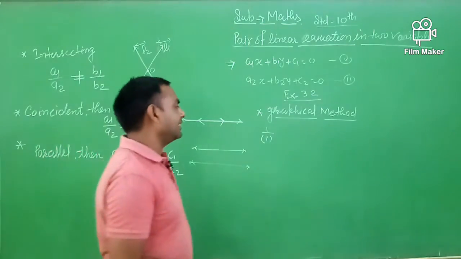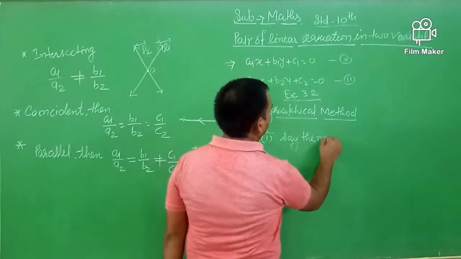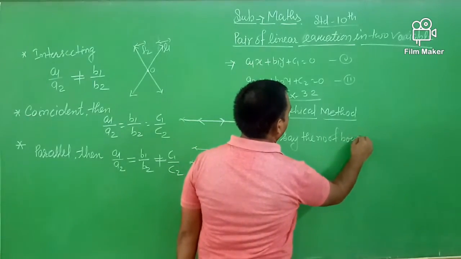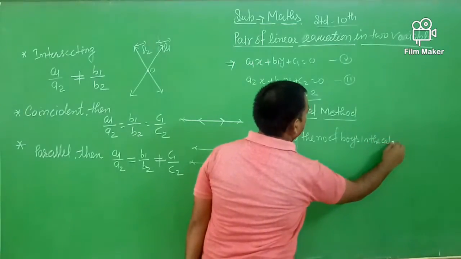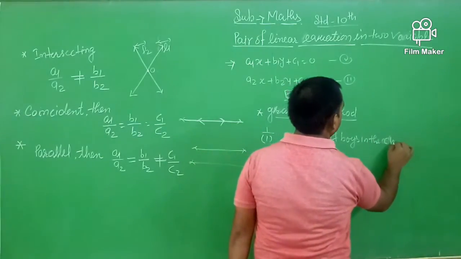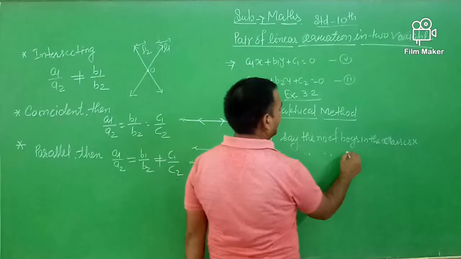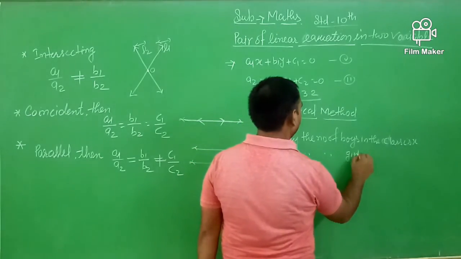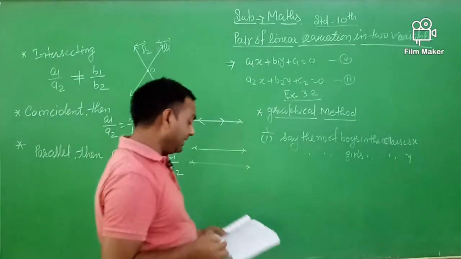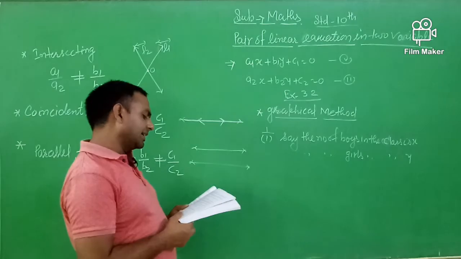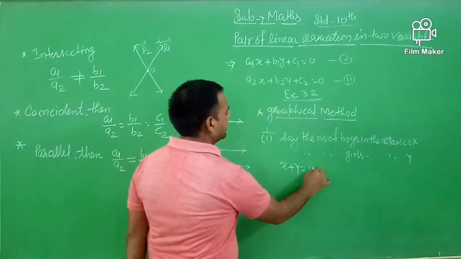Suppose the number of boys in the class is X and the number of girls in the class is Y. The first condition is that 10 students of class 10th took part, so X plus Y is equal to 10.